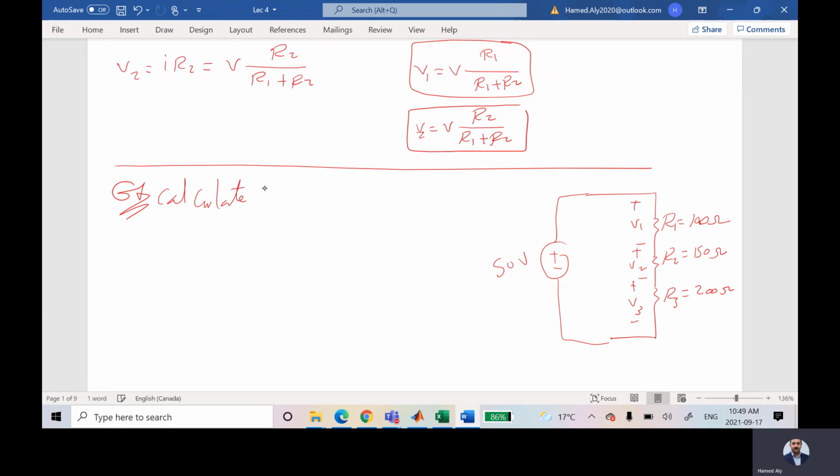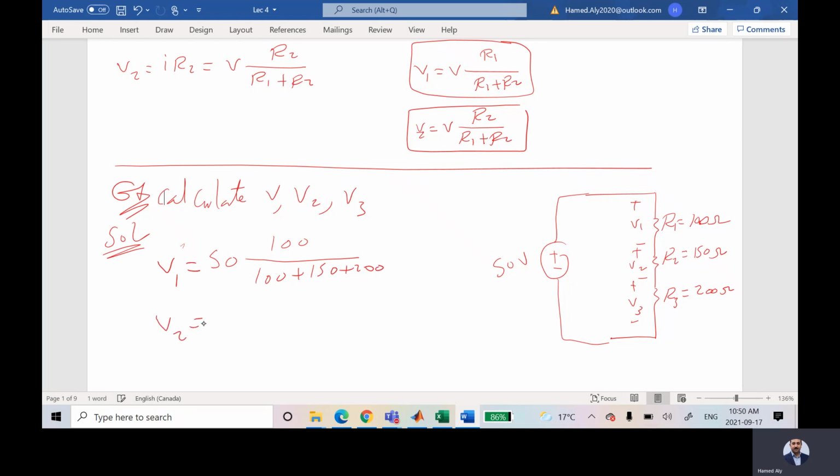If I would like to do that, I will say V1 equals the total voltage, which is 50, multiplied by which resistor? Yes, R1, which is 100, divided by 100 plus 150 plus 200.